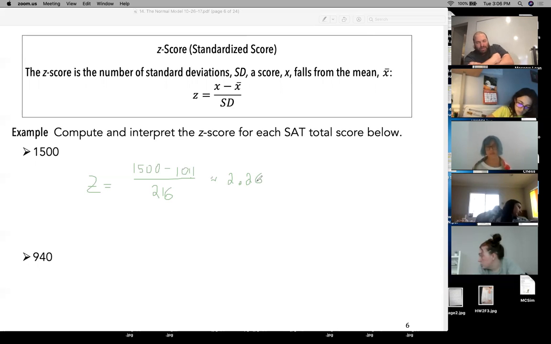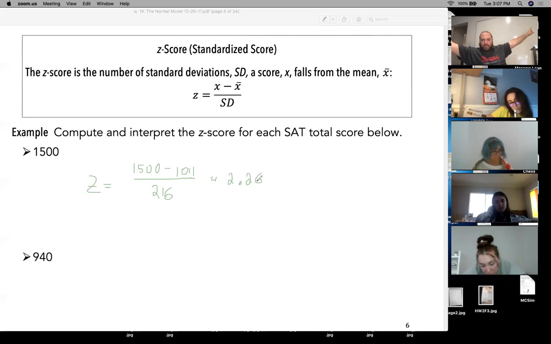2.26. So would you say that this z-score is unusual? So the answer is yes. The general rule for the word unusual is more than 2 deviations away from the mean in either direction.